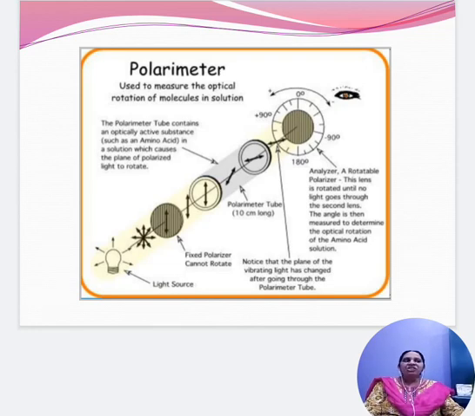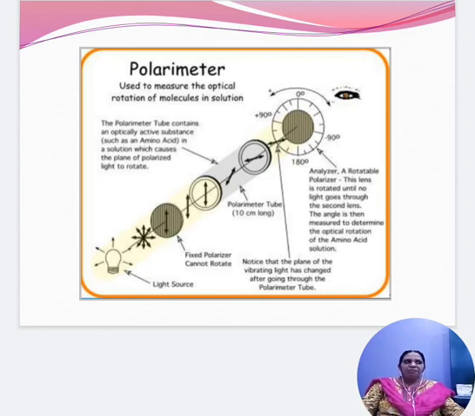You rotate the analyzer knob until the intensity of the light is resumed. Notice that the plane of the vibrating light has changed after going through the polarimetry tube.